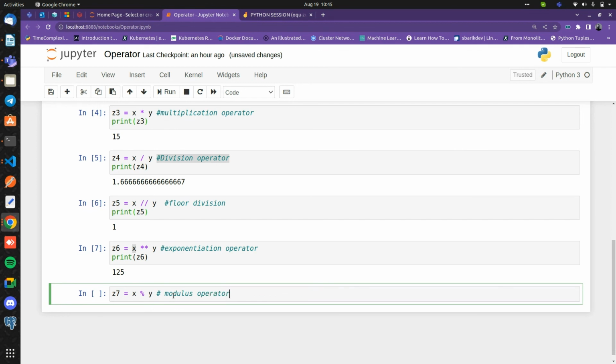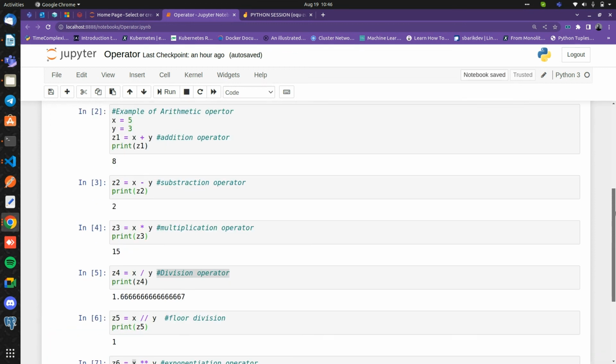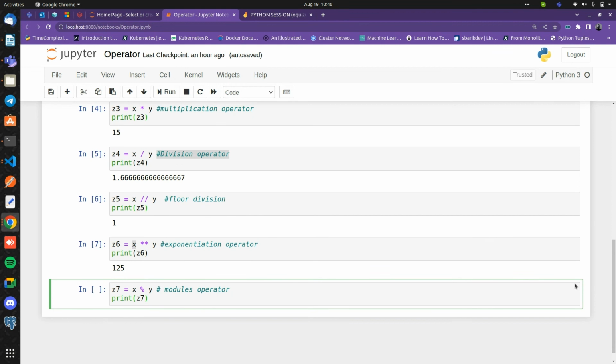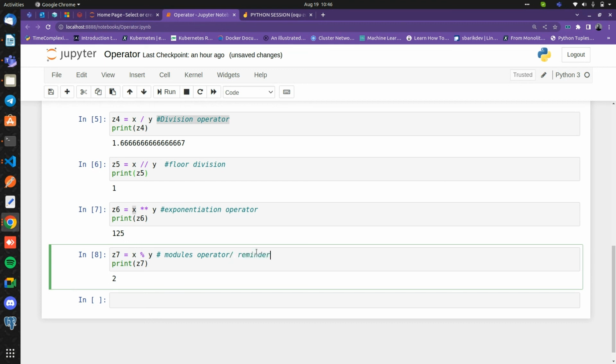Okay, if I print, sorry for the typo, if I print z7, it will give me, where x is 5 and y is 3, the remainder. So the remainder here is 2, right? So that acts as a remainder. This is called a remainder.